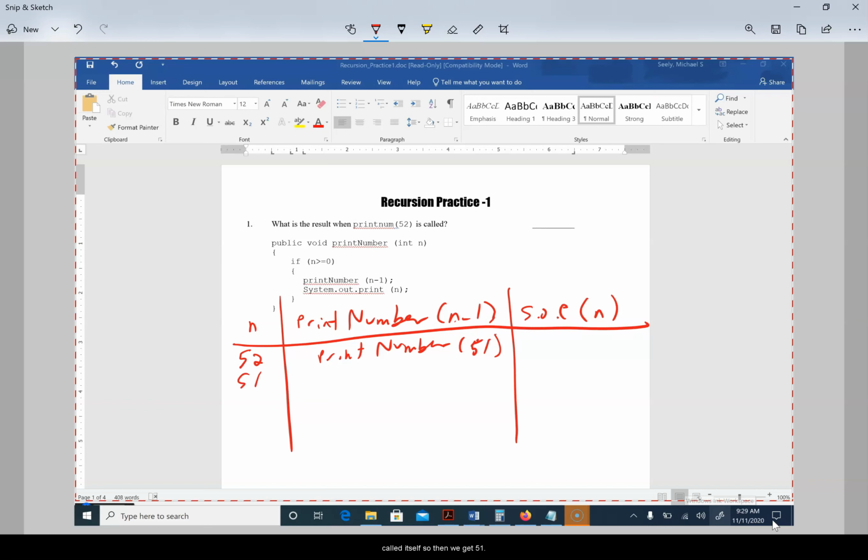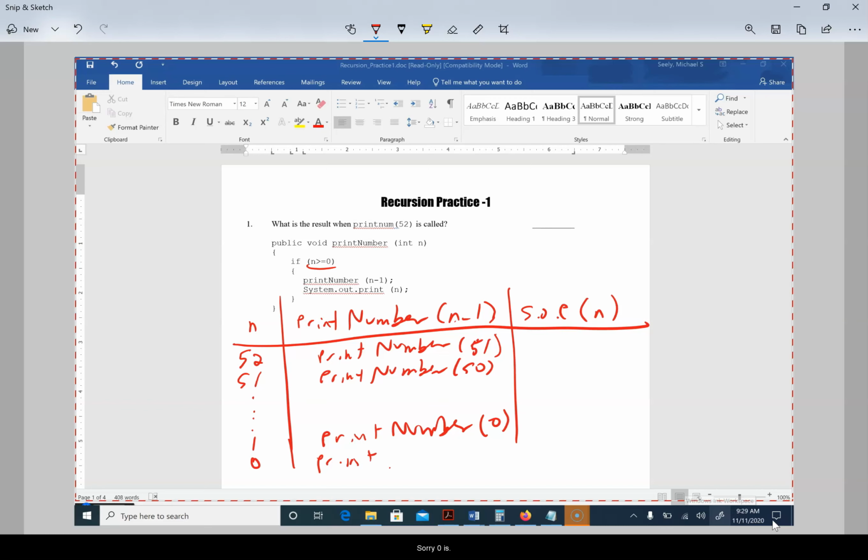So then we get 51, then we get print number 50, and so on and so forth. It would do this until n was equal to, well, 1 is still greater than 0 right there. So I go print number, and then it becomes 0.